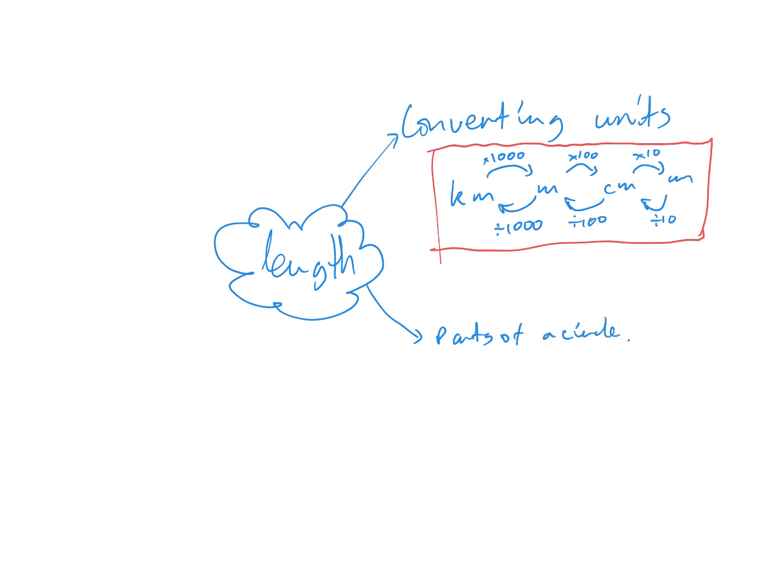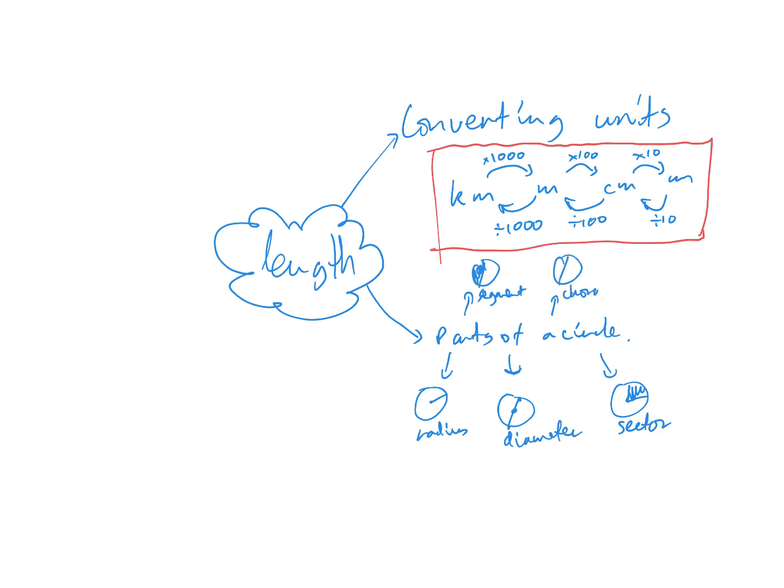When we did parts of a circle, we had things like a radius, a diameter, a sector, a segment, a chord, a tangent.